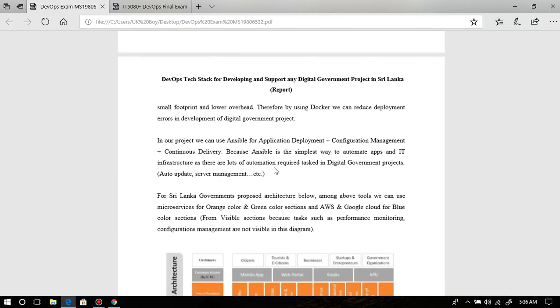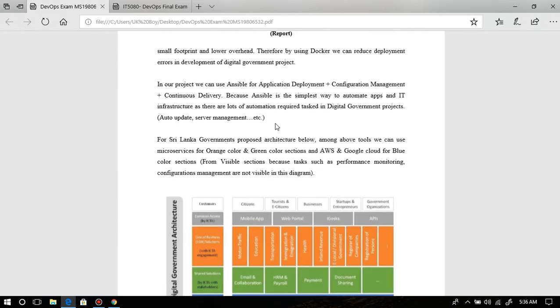Think that in our system there is a server which we should manage every day, and if I'm the person who manages that server in the office, but I have to take leave the next day.